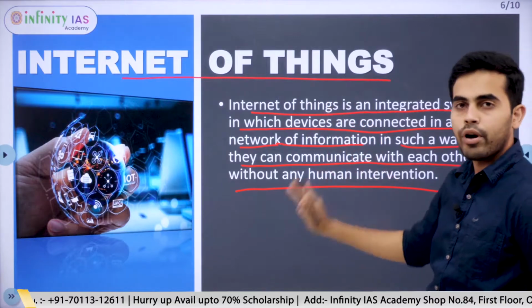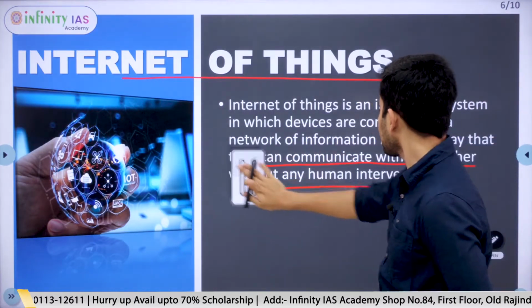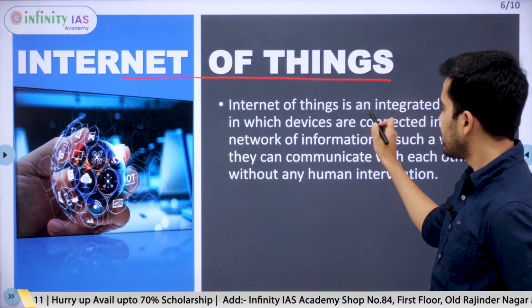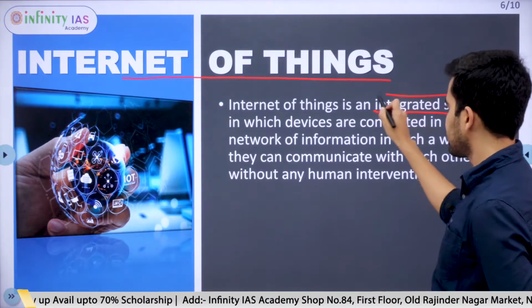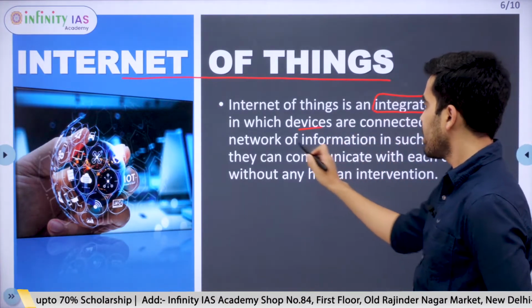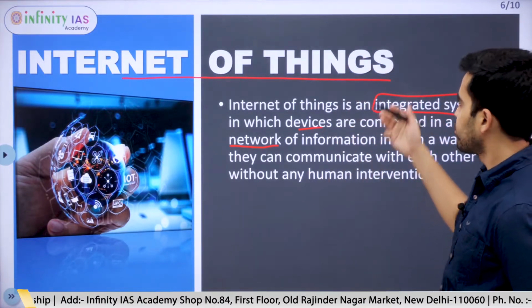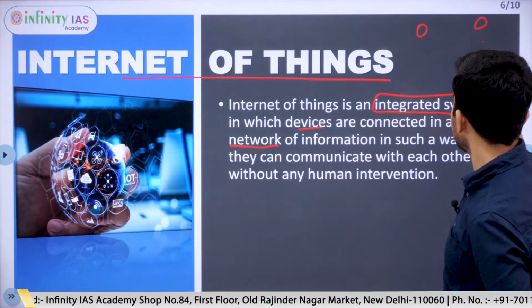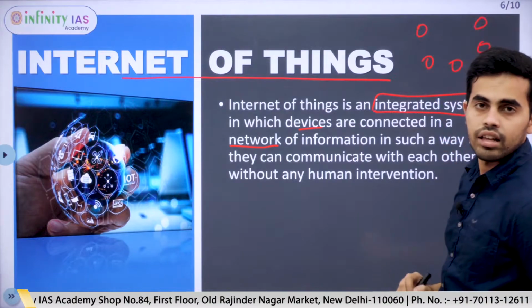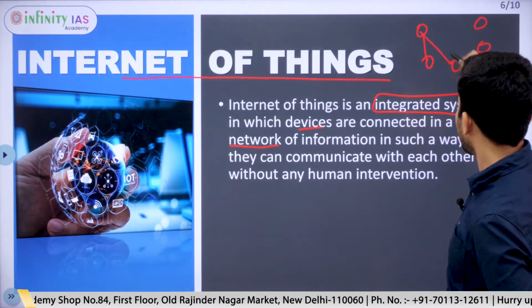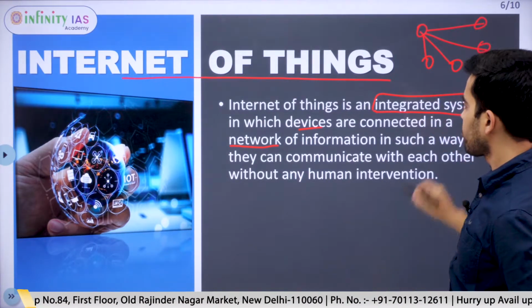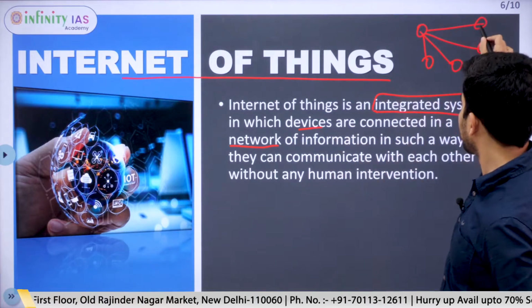So here the important points are: Internet of Things is an integrated system in which devices are connected in a network. There will be different devices that are interconnected in a network.